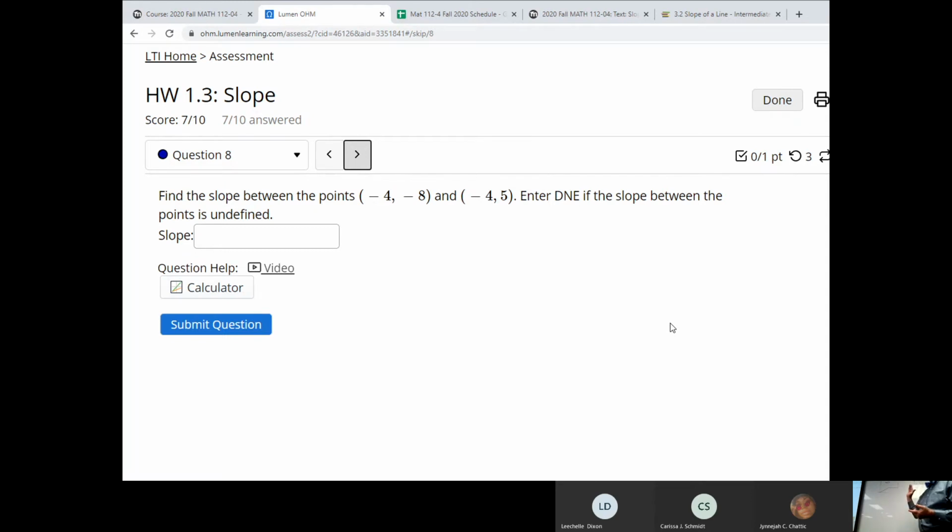It's a vertical line. 1 x, 2 y's. I know right away the slope does not exist. And as you work on them, you'll recognize, oh yeah, same x, vertical line. So DNE for that baby.